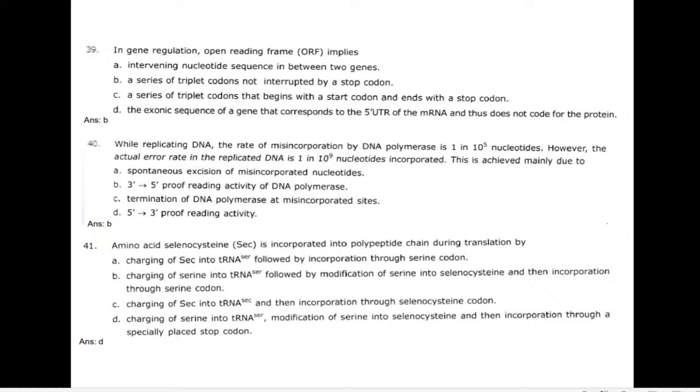How does this happen? It happens by option D: the changing of serine into tRNA serine, modification of serine into selenocysteine, and then incorporation through a specially placed stop codon. This is the overall rare one.